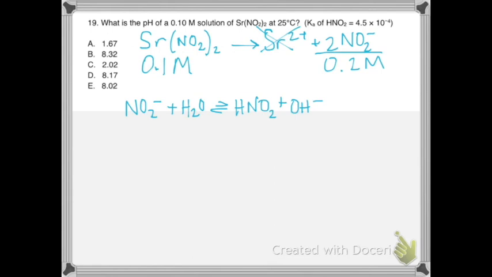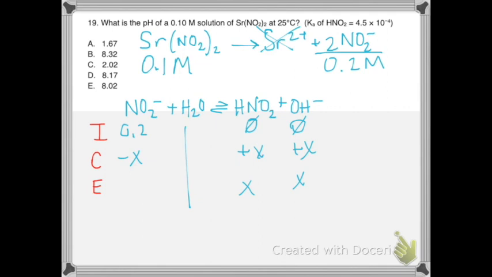Like I said, we're going to ice it out. We have 0.2 molar nitrite, ignoring water, 0, 0. Minus x, plus x, plus x, so x, x, and 0.2 minus x.